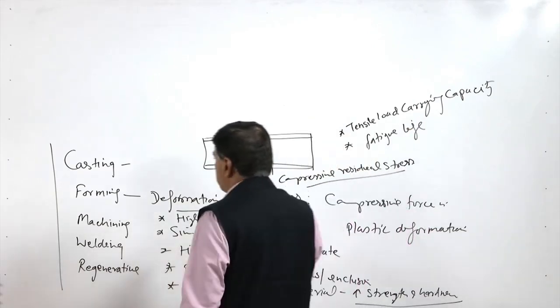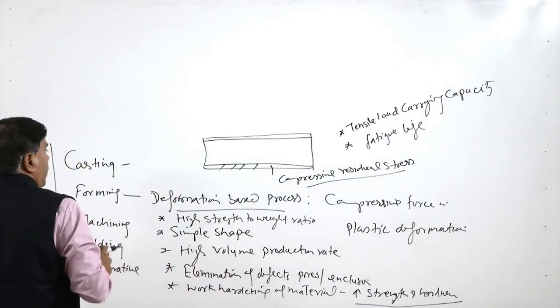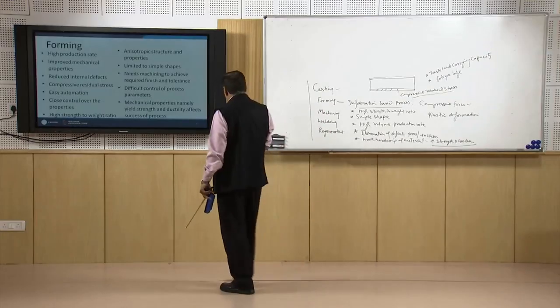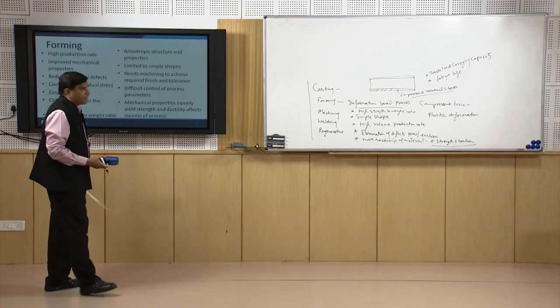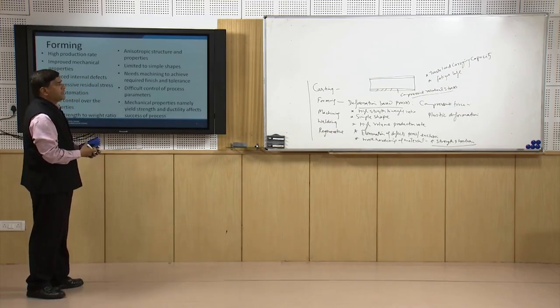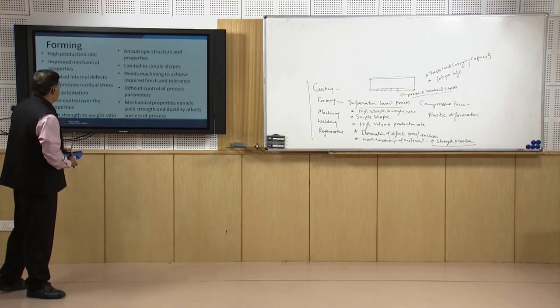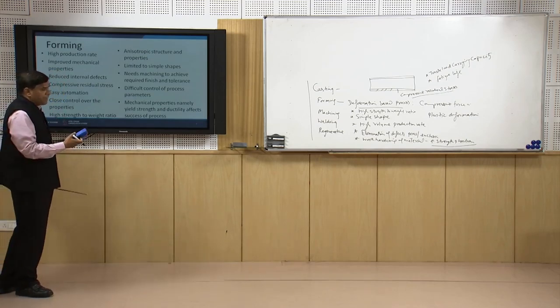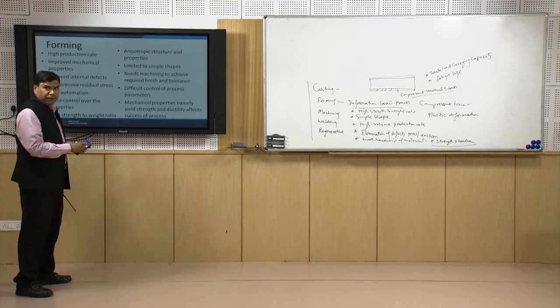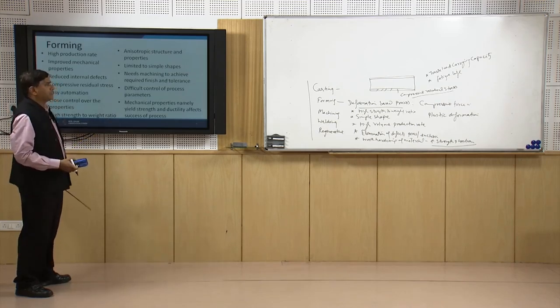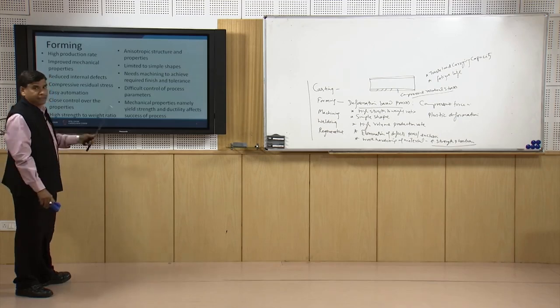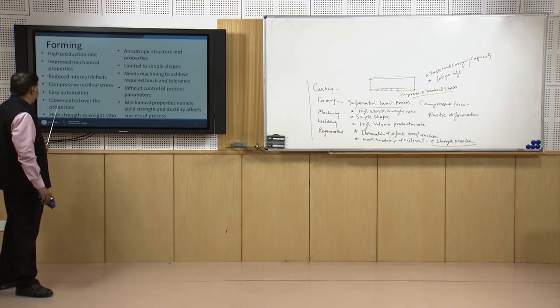So, because of these two reasons, the components made by the forming process, deformation based process, will have improved fatigue life and increased tensile load carrying capacity, and that is considered to be favorable, which in turn helps to make the product by the forming processes lighter in weight because of the high strength to weight ratio and increased load carrying capacity.